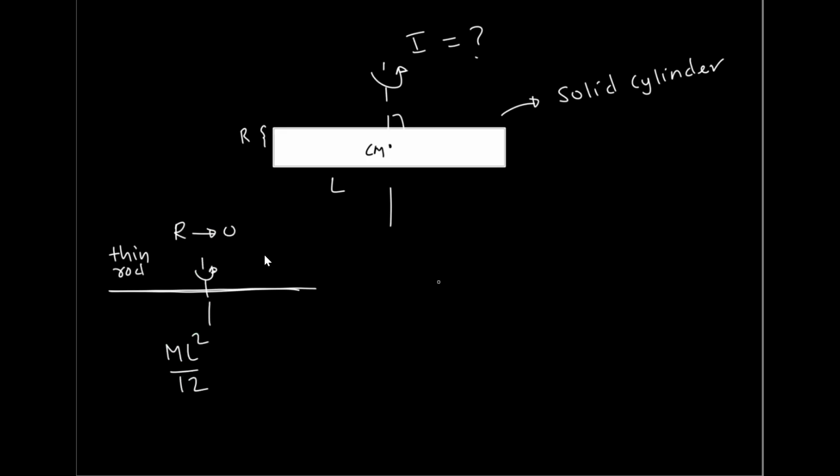Now instead of that, I keep the radius, but I make length 0. Then what will I have? I'll have a thin disk, but this disk is getting rotated about its diameter. We have already seen that the moment of inertia is mr square by 4.